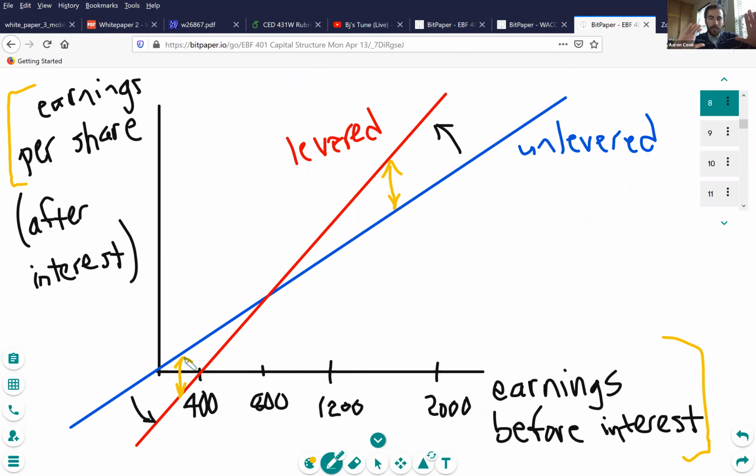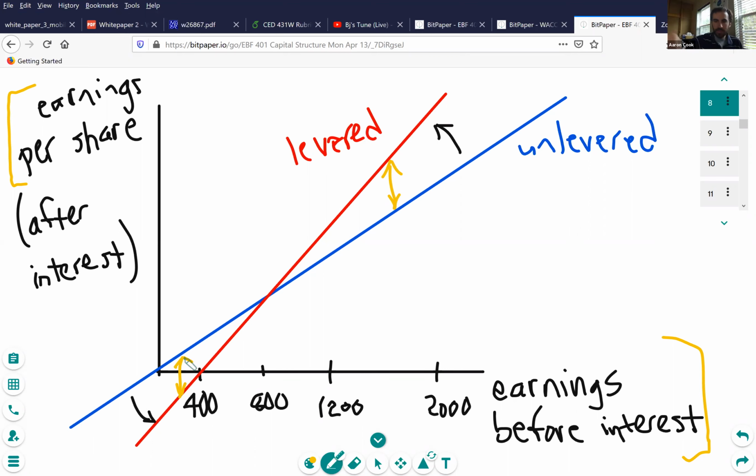You are increasing your payoff when times are good, but decreasing your payoff when times are bad. It makes the overall profile of your investment more risky, or at least the part of your investment that you get to take home after you pay your debts becomes more risky.